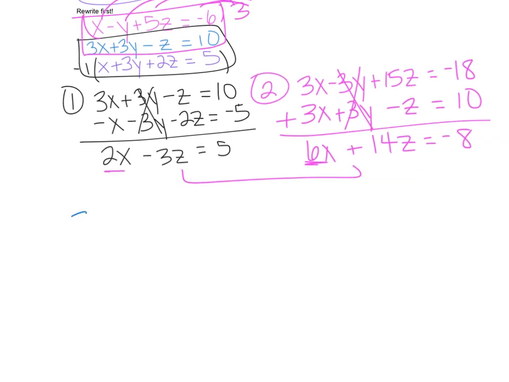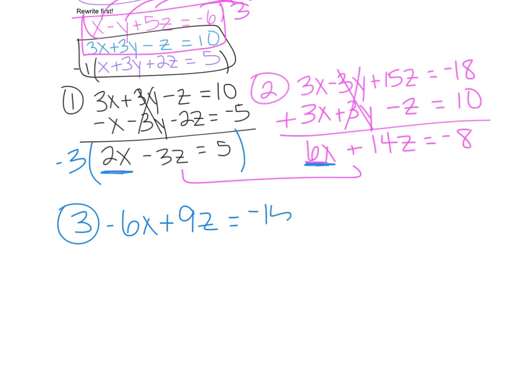Okay, so I'm going to go to third step, which is to use those two equations from step 1 and step 2 to eliminate x or z. I'm going to eliminate the x's since this is a 6x, this is a 2x. So I need to multiply this one by -3. So that's a -6x plus 9z equals -15.